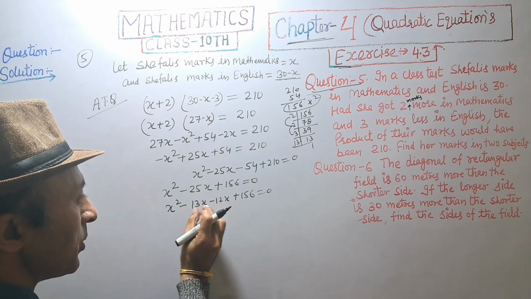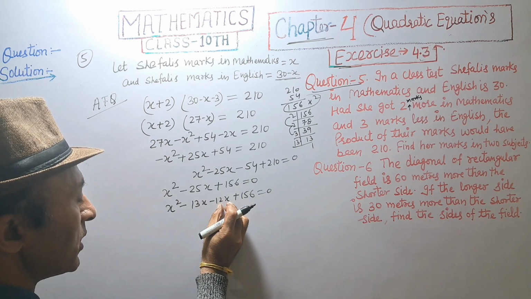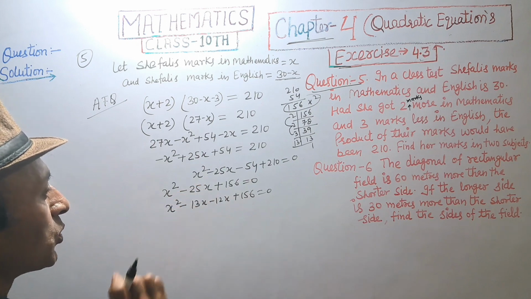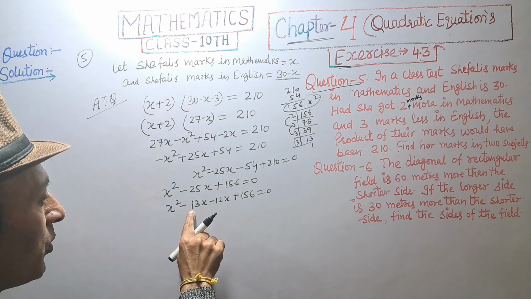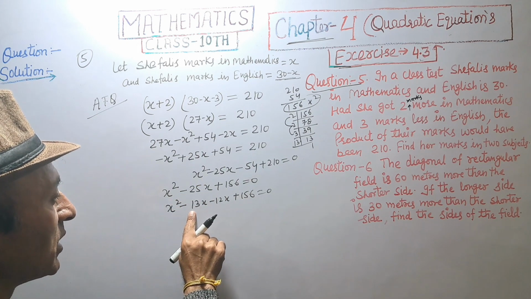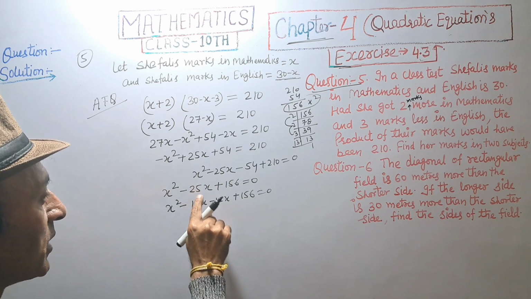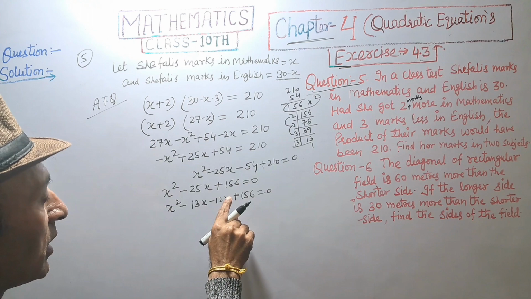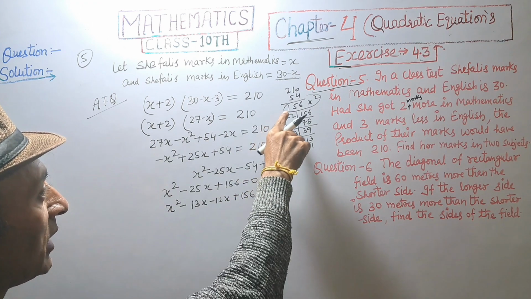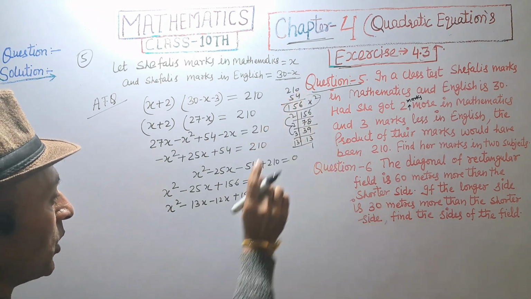Minus 13x minus 12x, that is equal to minus 25x. Sum of minus 13x and minus 12x equal to minus 25x, and their product will be positive 156x square.